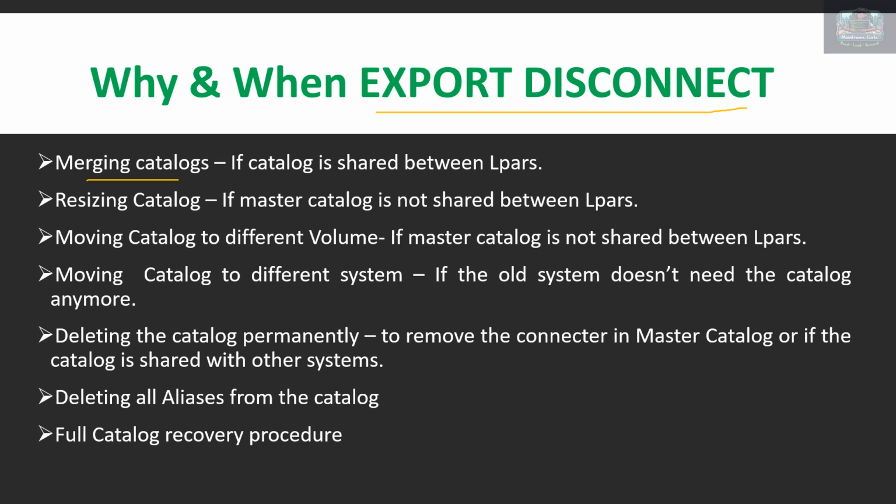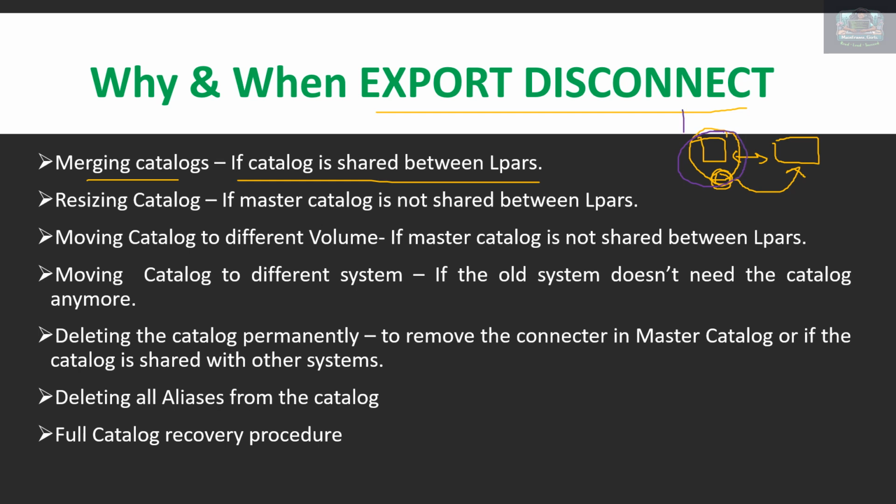This applies if the catalog is shared between the LPARs. Suppose this is one catalog and this is another catalog, and you are merging these two. You will copy all the alias entries of this catalog to the other catalog. Then you have to delete this user catalog. Before deleting, you have to check if it has entries in all other systems.